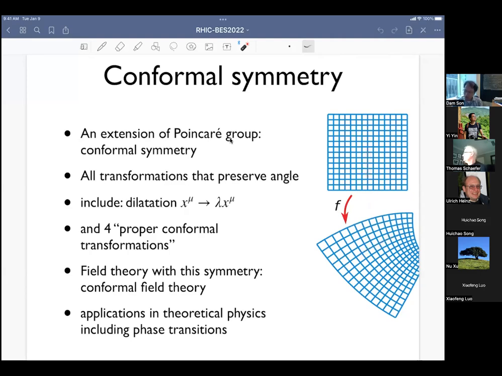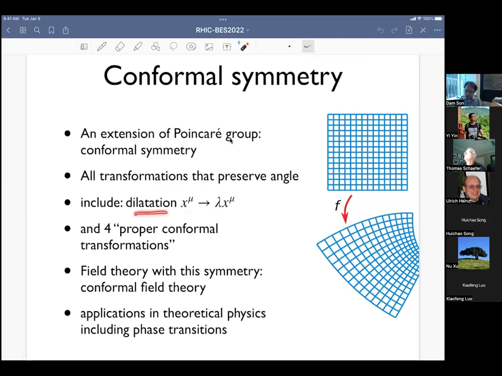conformal transformation. For example, the group of conformal symmetry includes dilatation, where we take a coordinate and change all the coordinates by the same factor lambda, and obviously then all distances will also be multiplied by the same lambda.